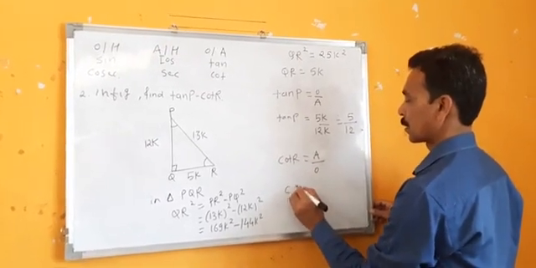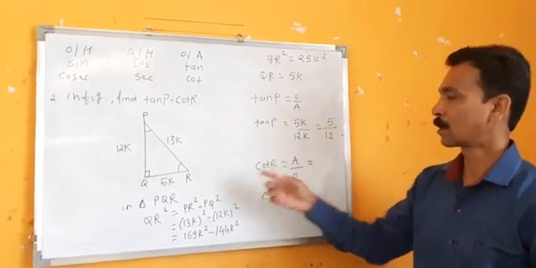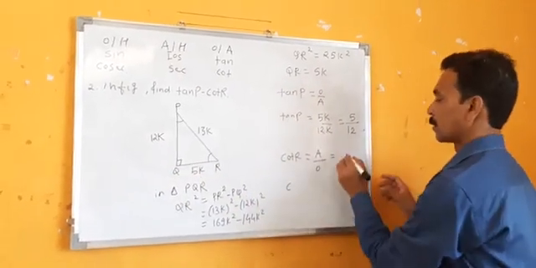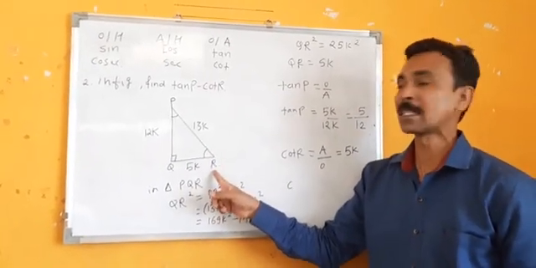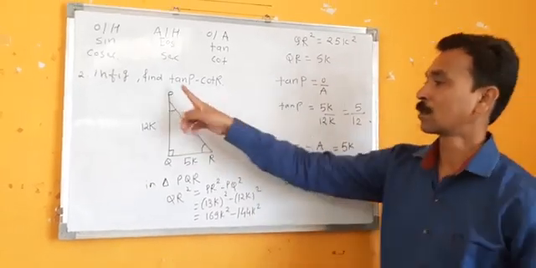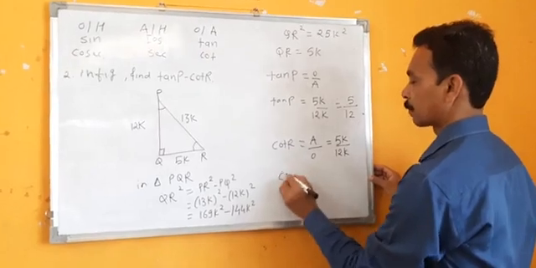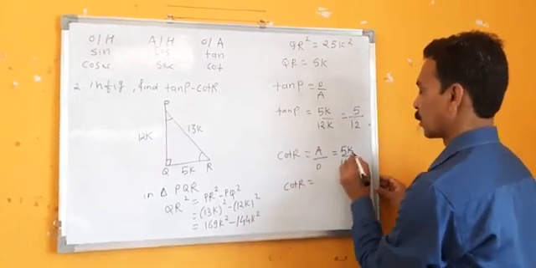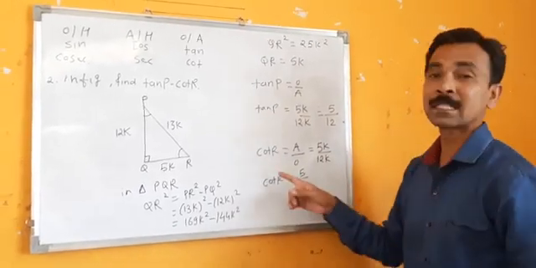So it is equal to adjacent side. What is adjacent side? 5K, because adjacent side of reference angle R is QR. What is QR? 5K upon, what is opposite? 12K, right? So cot R is equal to, K gets cancelled, 5 upon 12. But this is not the end of the sum.